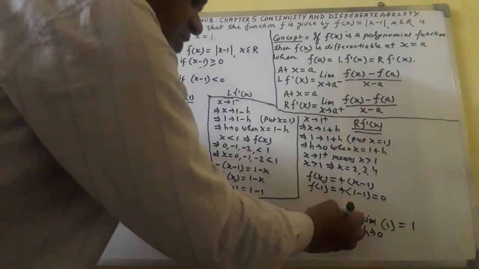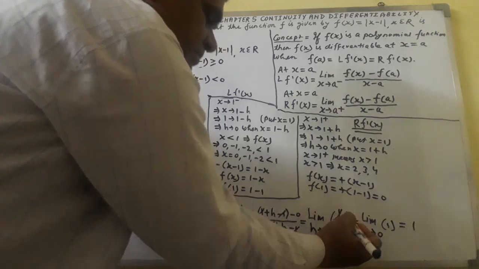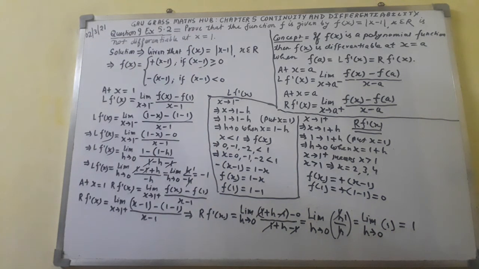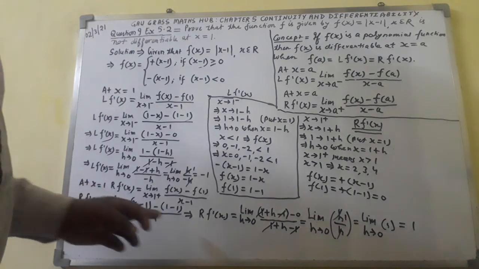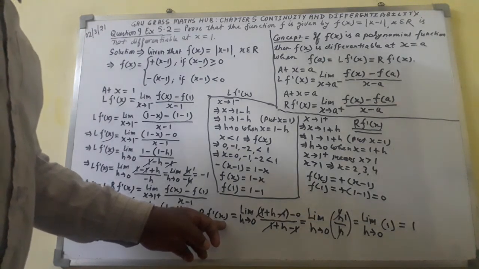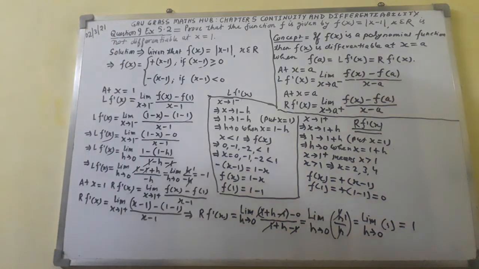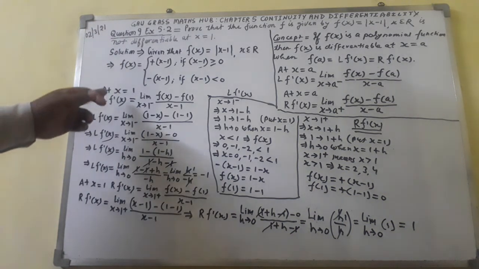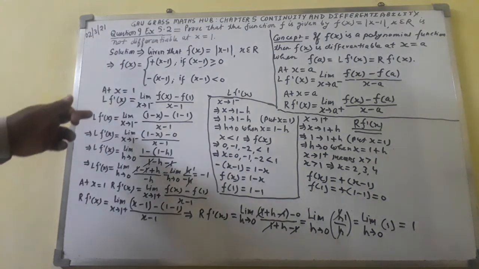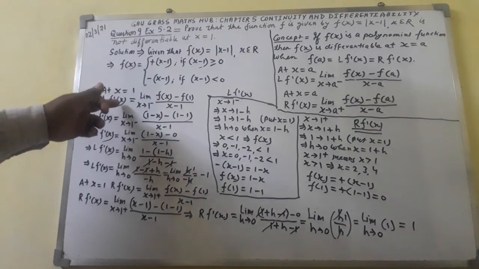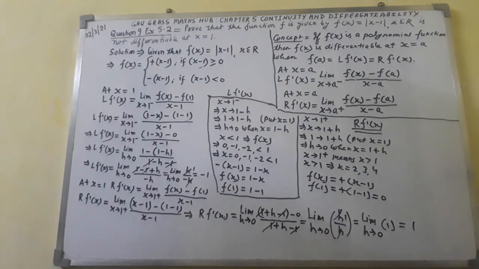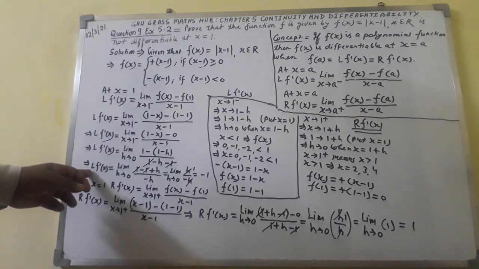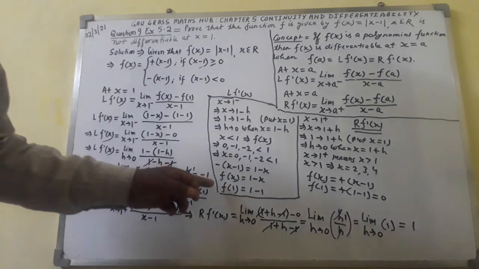This thing will be cancelled out, we will get here 1. At x equal to 1, right hand derivative of f of x you have got here 1. And at x equal to 1, left hand derivative of f of x you have got here minus 1. Left hand derivative of f of x equal to minus 1.